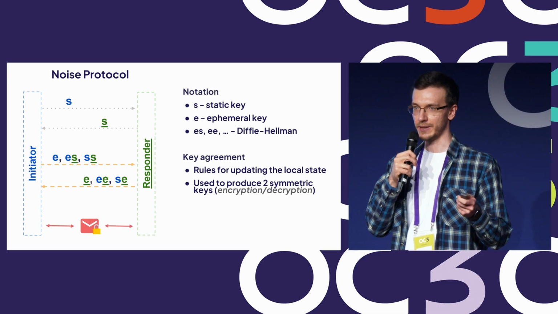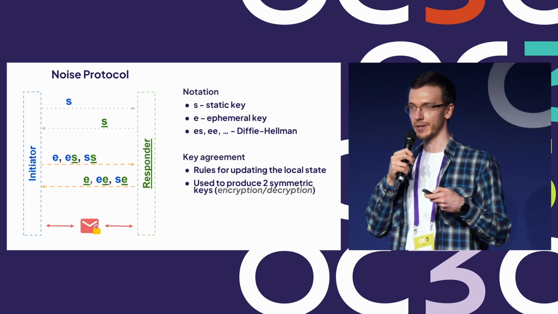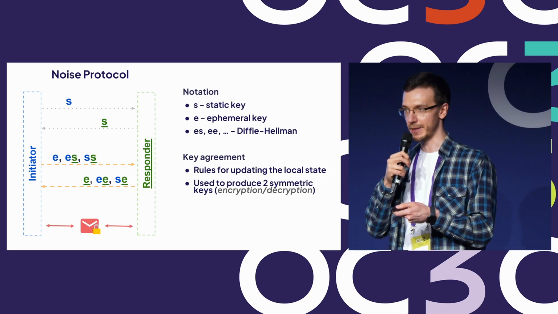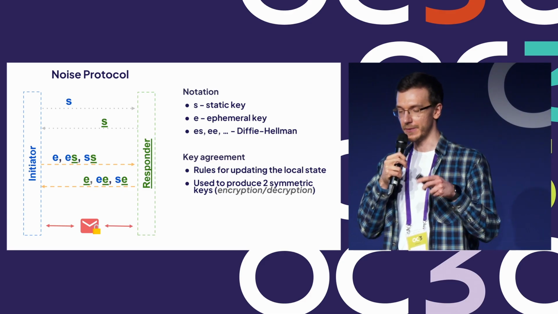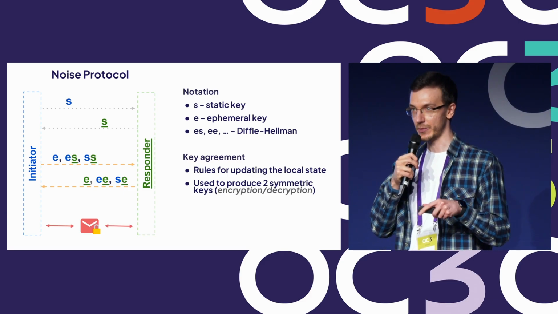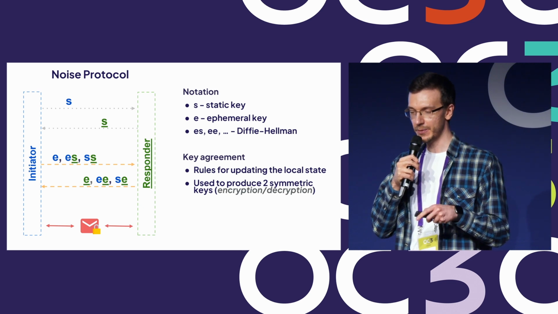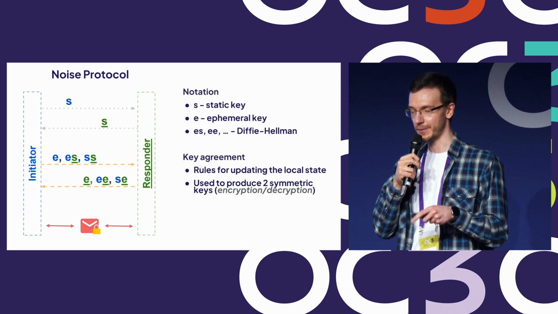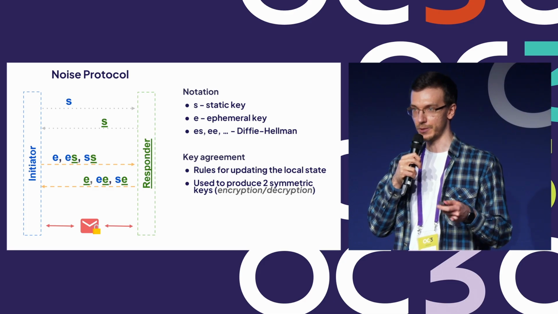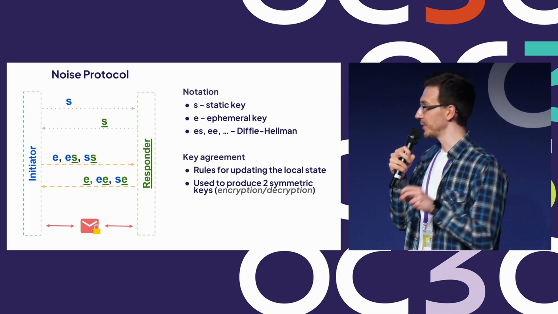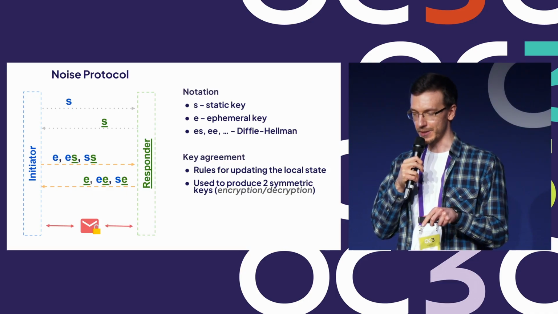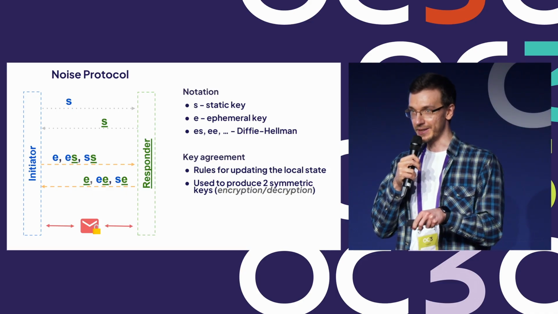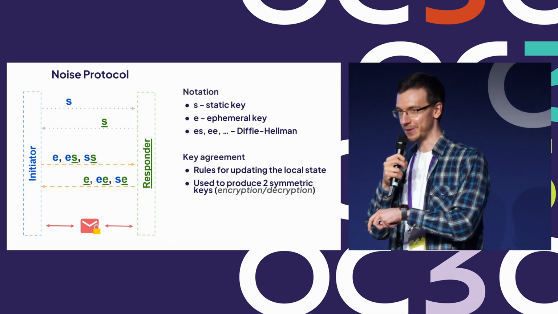And for this, you can either use an existing PKI, or you can pre-distribute your keys in the application. Then, when the handshake starts, the initiator generates an ephemeral key pair, and then performs a Diffie-Hellman key operation on the keys that it knows. And an important note here is that the notation, this official notation of noise, doesn't mean that it actually sends the results of Diffie-Hellman key agreement.